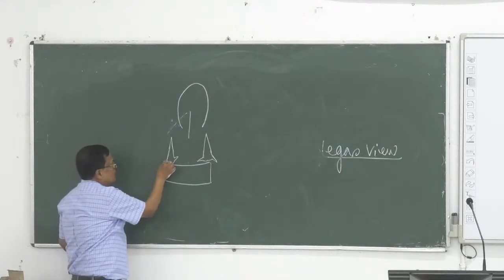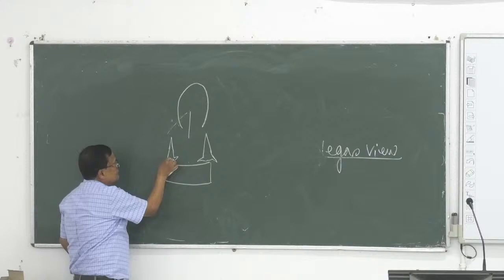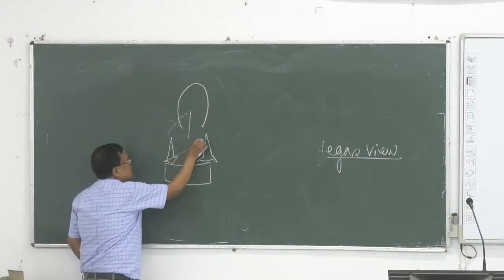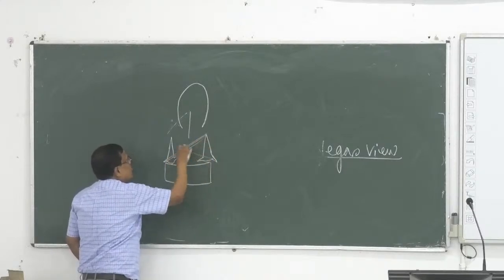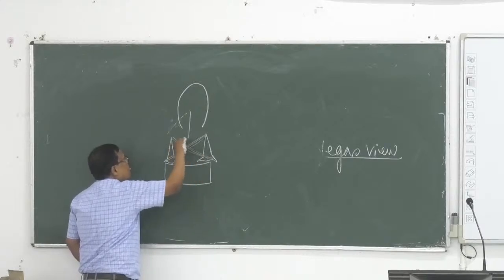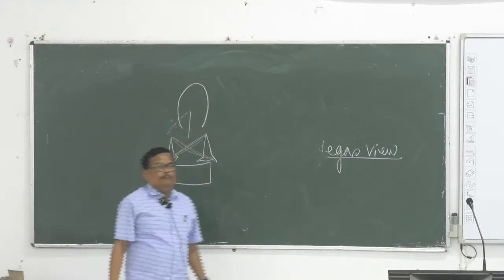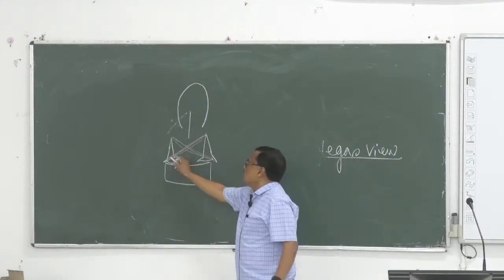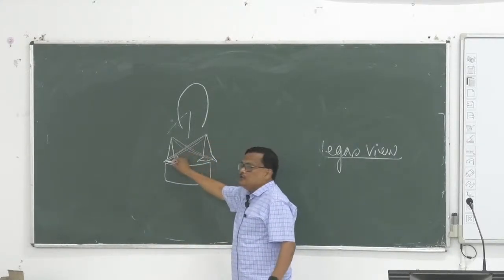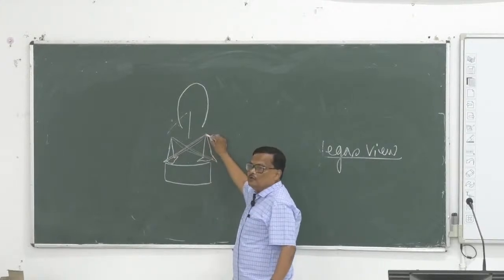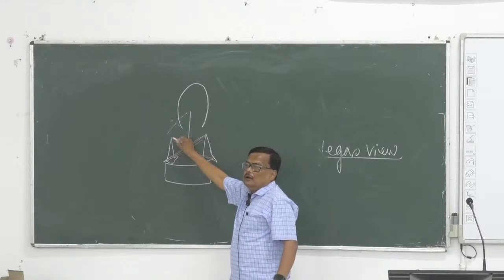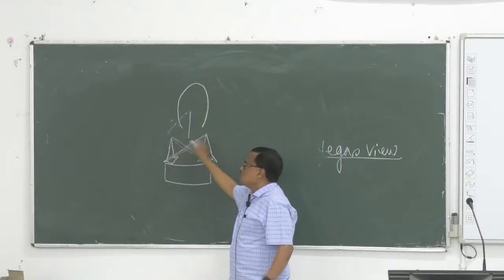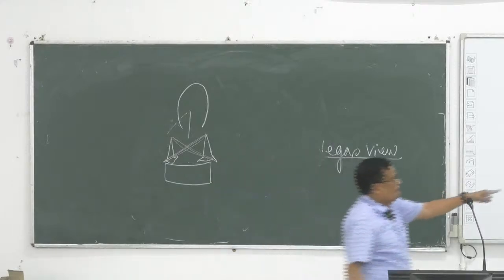Oblique arytenoid takes origin from the anterior surface of the muscular process of one arytenoid cartilage, crosses to the opposite side and attaches to the tip of the opposite arytenoid cartilage. There are two arytenoids, one on each side, from the base of one arytenoid cartilage to the apex of the opposite arytenoid cartilage. This is the oblique arytenoid.